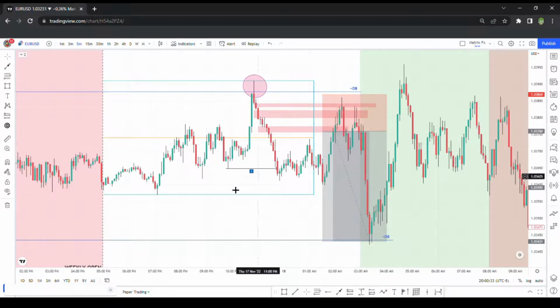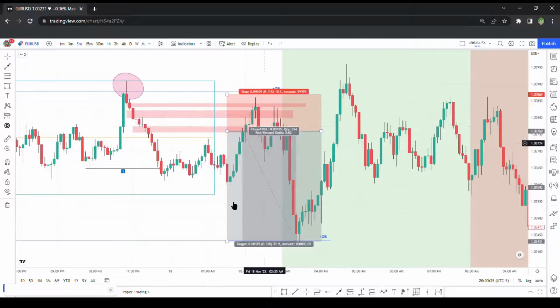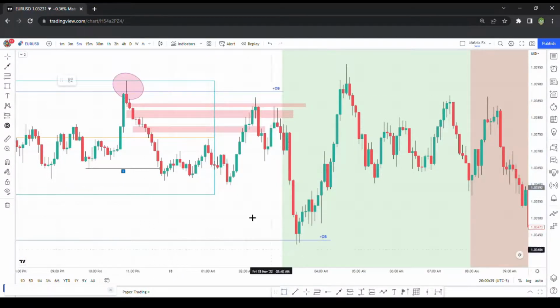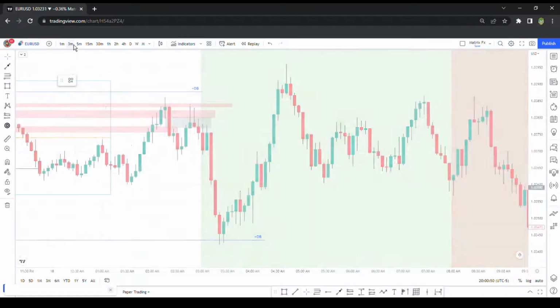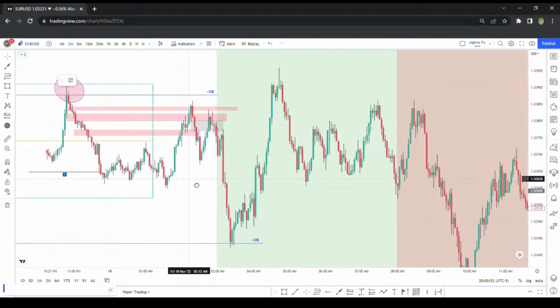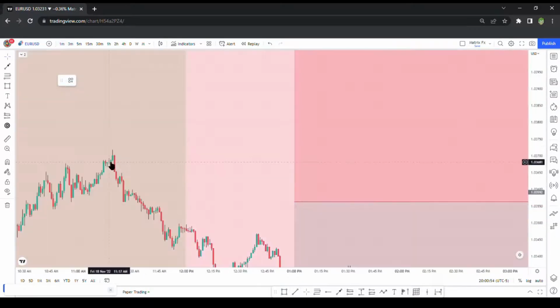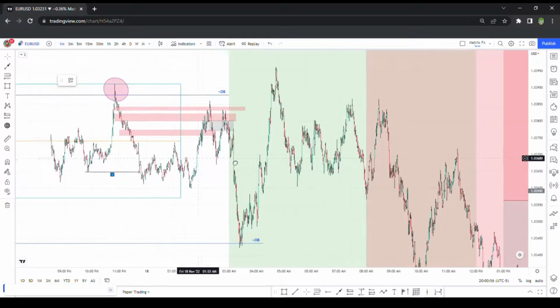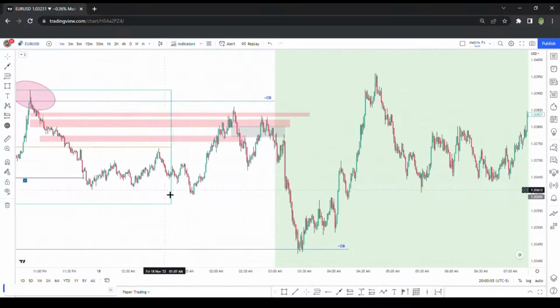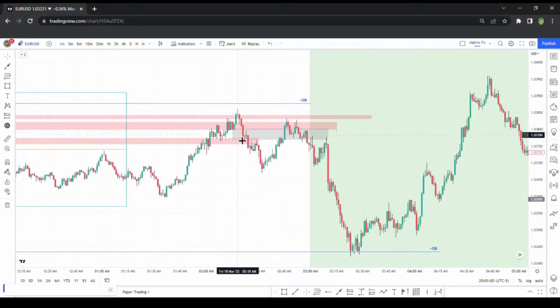You can see the market traded back lower. Now for some people this might be their own entry leg. Let me delete this for a moment. They might be entering from here. Some people have gone down to maybe the 1 minute and entered from here.